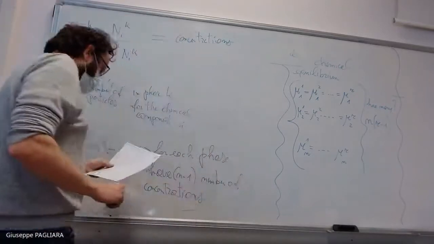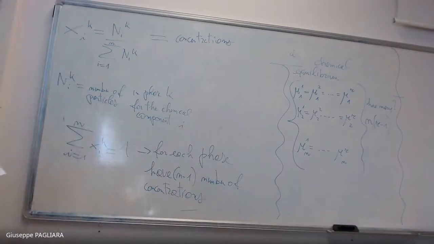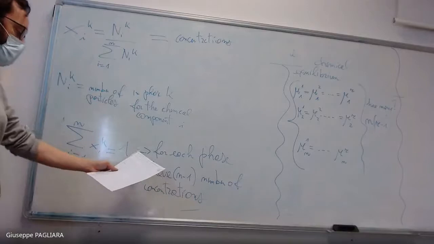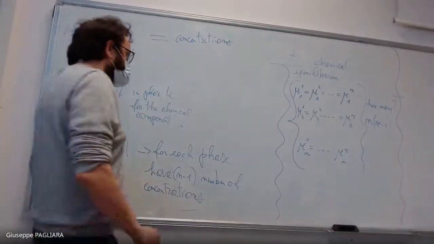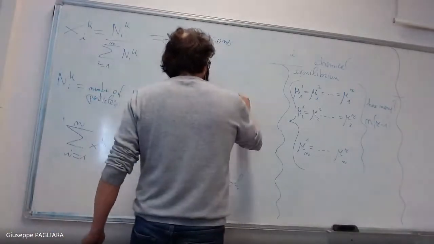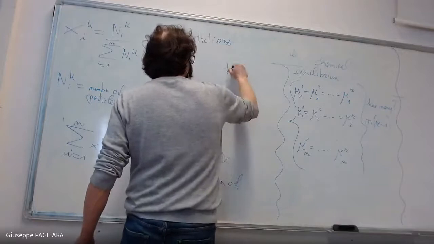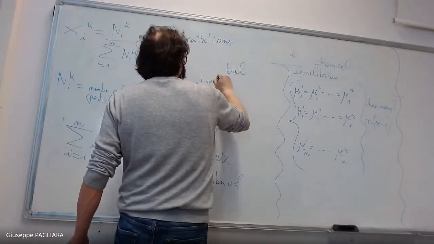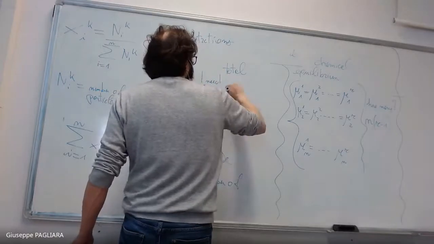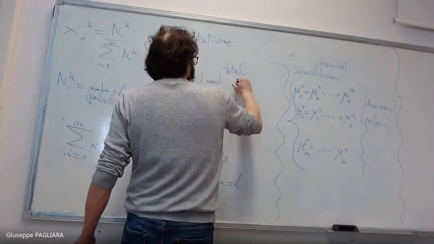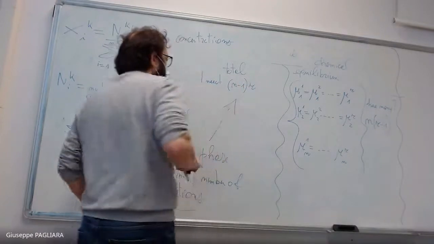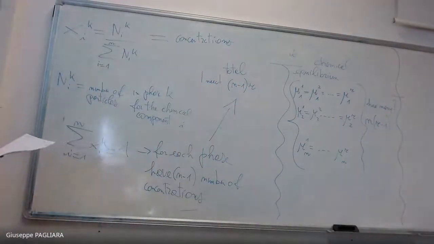So that means that the number of independent variables, since this is for each phase, is r times n minus 1. So in total, to specify the condition of the system, I need n minus 1 times r concentrations.